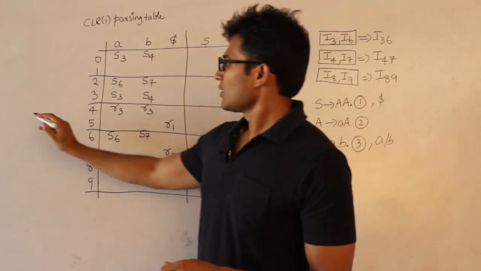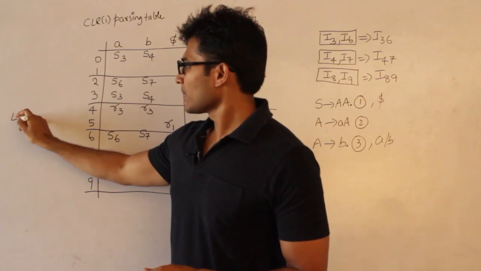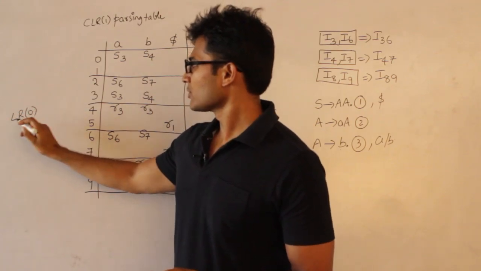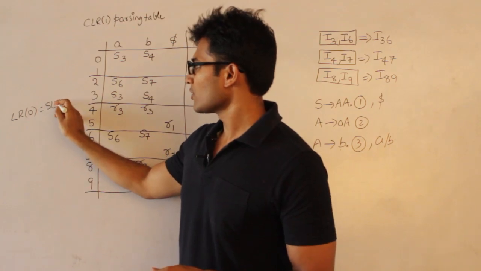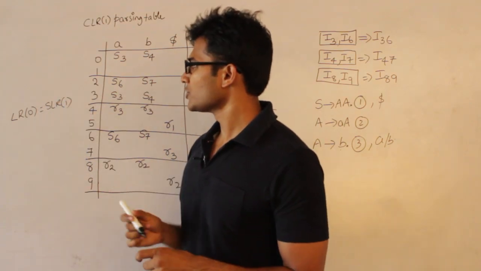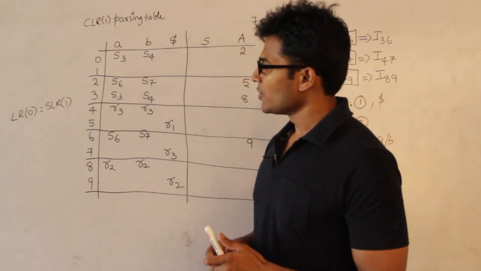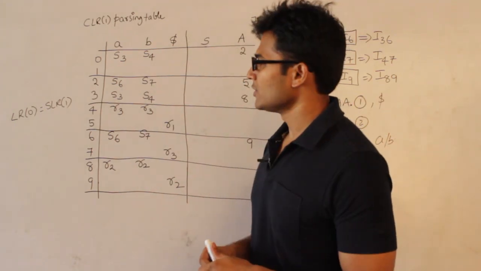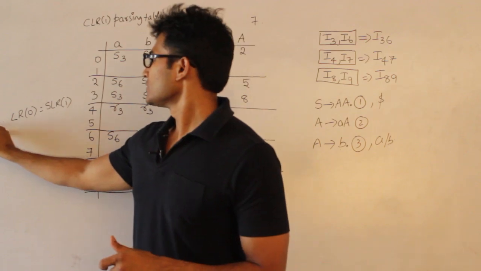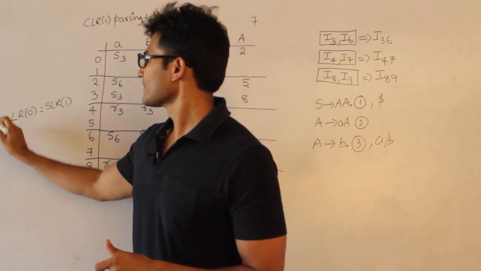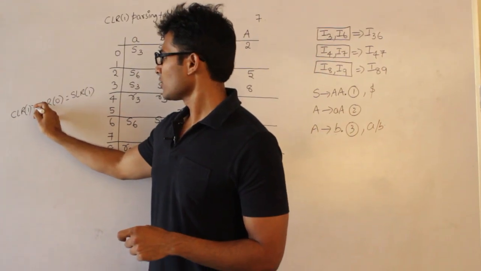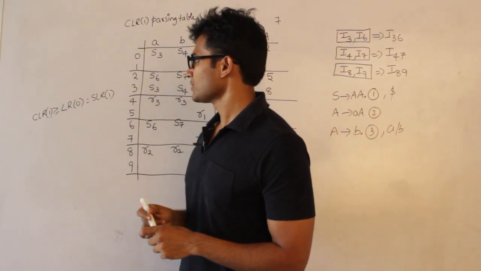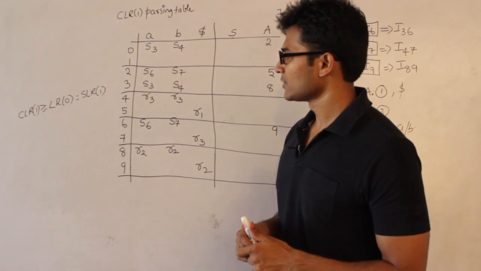Now coming to the number of states in LR0, the number of states in LR0 is equal to the number of states in SLR1. This one we are very sure. And now because of adding look aheads, the number of states in CLR1 might increase sometimes, or they may not increase.